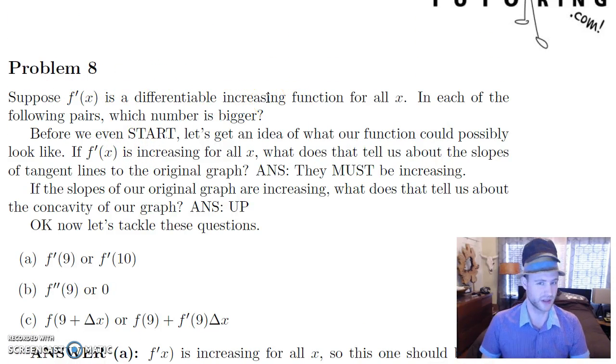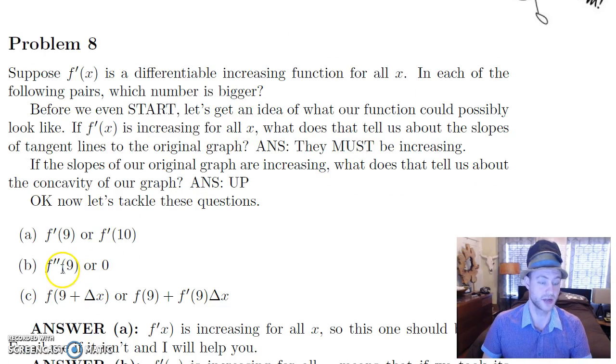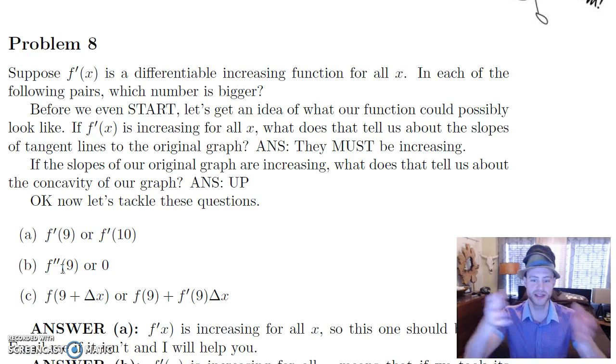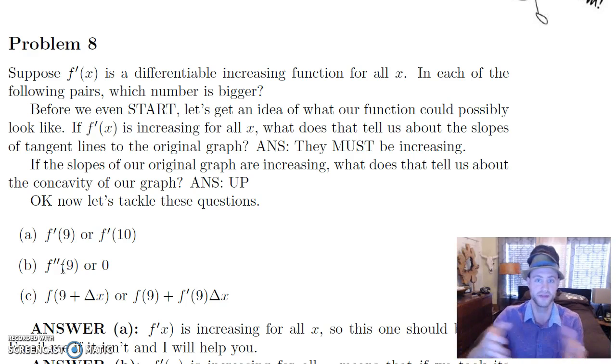We also kind of covered the concavity already. The second derivative represents concavity. The sign of the second derivative tells you whether you're concave up or concave down, because if the second derivative is positive, that means your first derivatives are increasing. Just as if your first derivative is positive, that means your original function is increasing. It always works at every level like that. It would work for the fifth derivative or the 500th derivative.